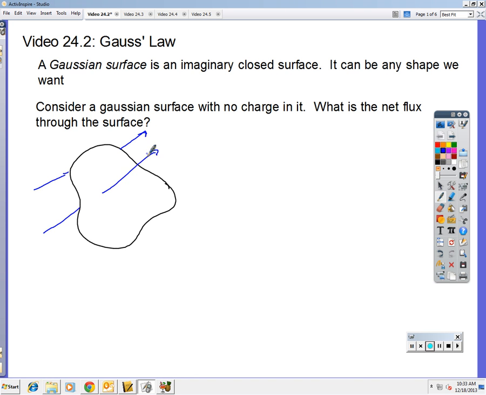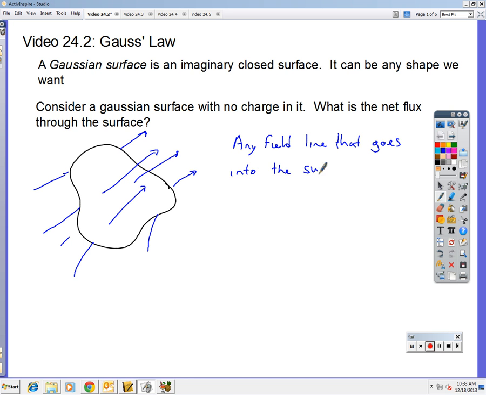And so any field line that goes into the surface has to then come out of the surface, and vice versa. So there are no field lines that begin or end inside the surface.